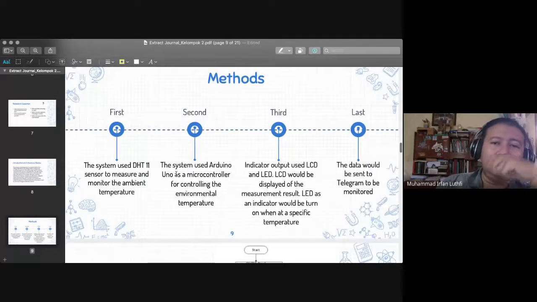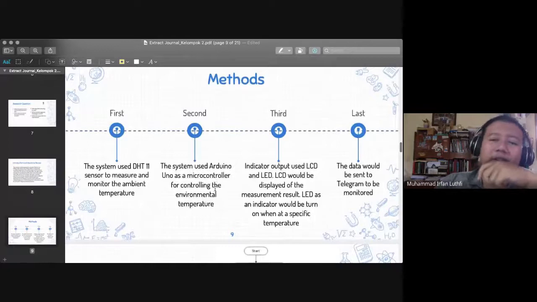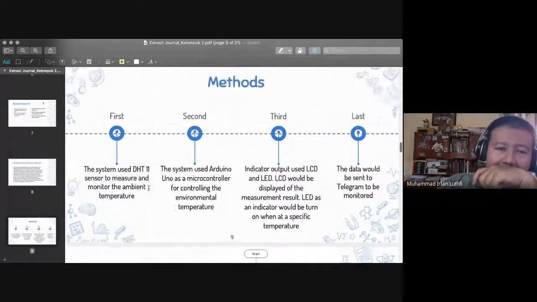So actually, it's not the methods. We can call this one an architecture flow, right? It's not a method because you mentioned everything about the architecture here, from the system, and then everything after the data until the data is sent to Telegram.